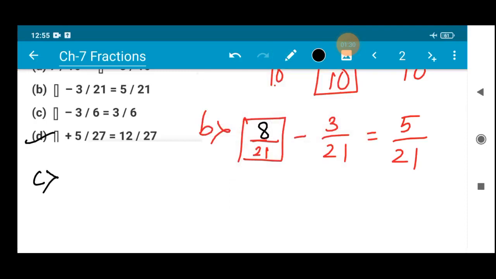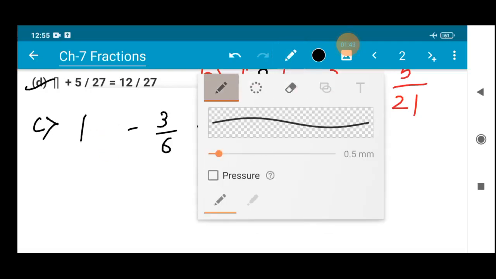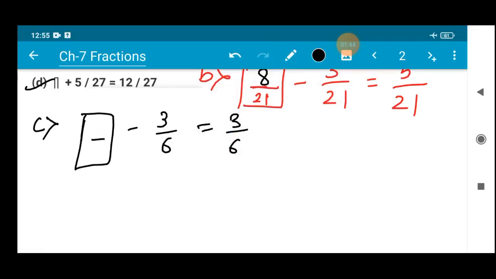Alright, then let's do the last one, number D, I request you all to do it yourself. Box minus 3 by 6 is equal to 3 by 6. Okay, this is quite a tricky one. You have to fill the box in which you will be getting the same answer. So what will be the value here? Here we can easily predict that the denominator will be the same, that is 6.